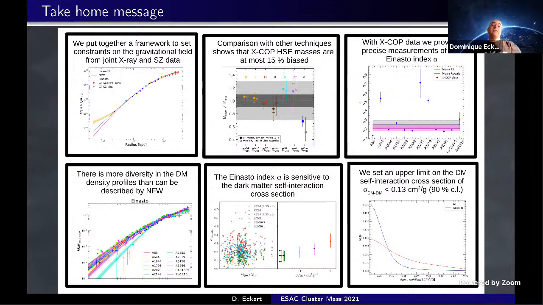And that is a sensitive probe of the dynamical state of systems, such that by selecting systems that have low centroid shift, we, in principle, are selecting objects for which the peak of the dark matter is close to the centroid of the X-ray emission.